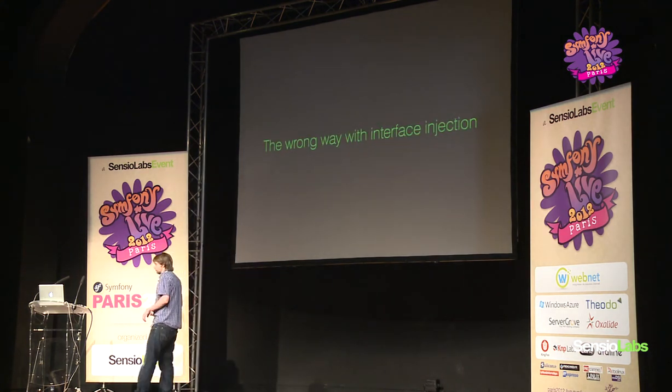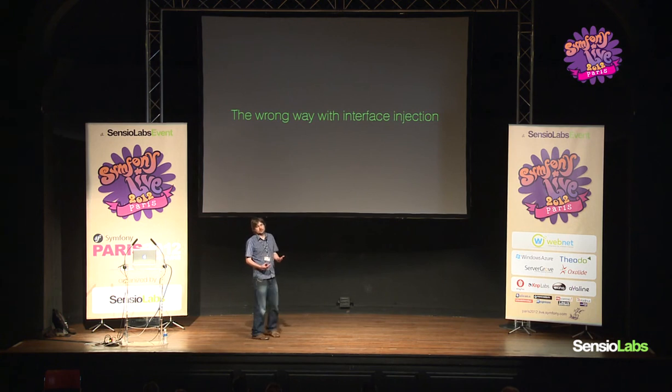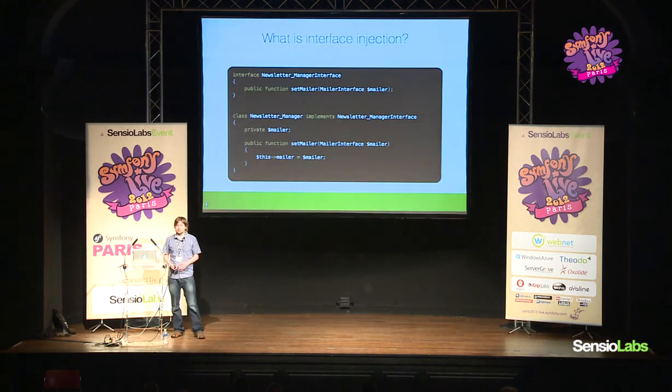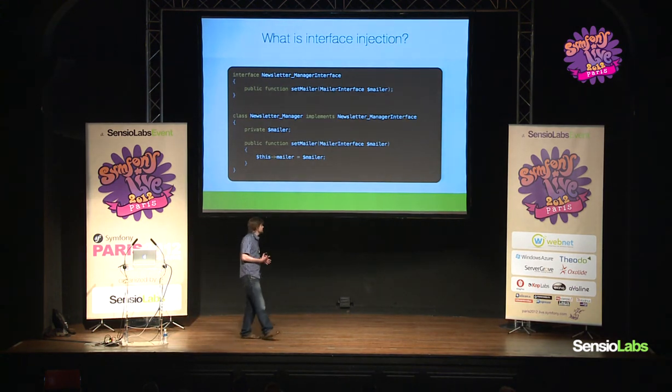So, the wrong way: interface injection. On the face of it, it seems cool because we can reduce the configuration, but there are some fundamental issues with it, and this is why it has been removed. So what is interface injection?